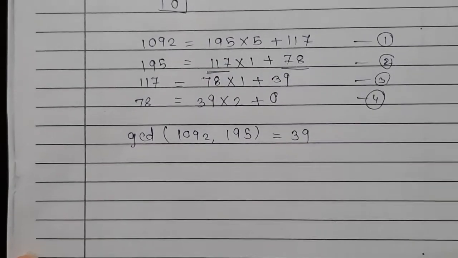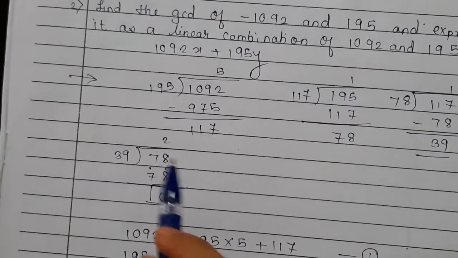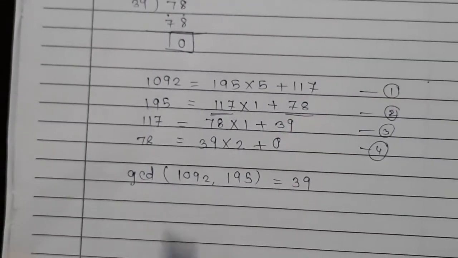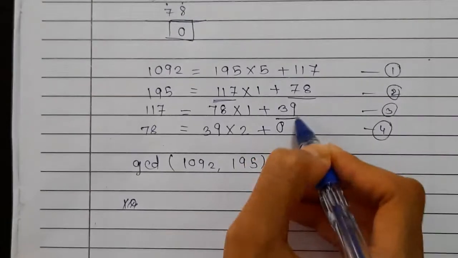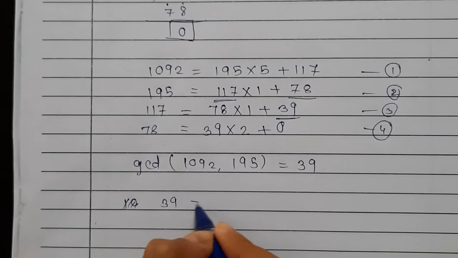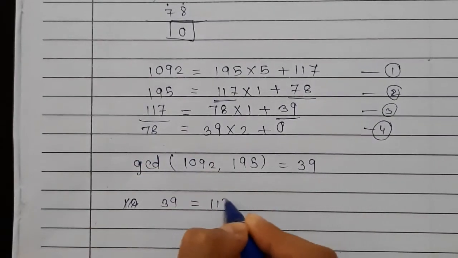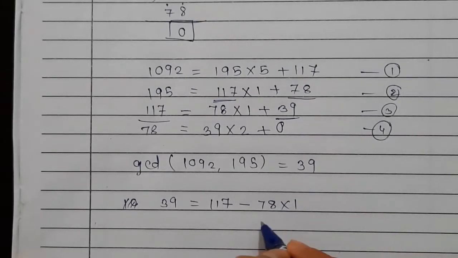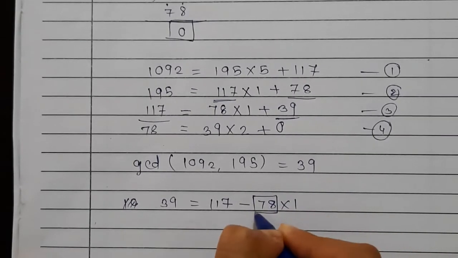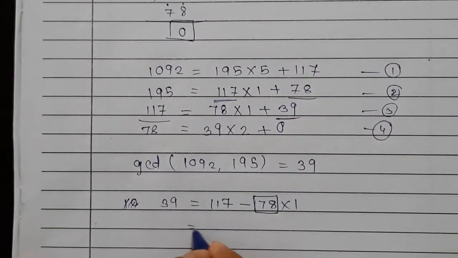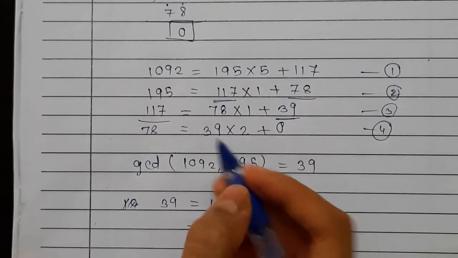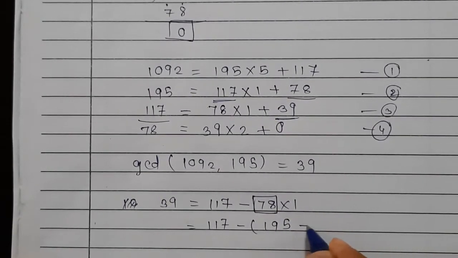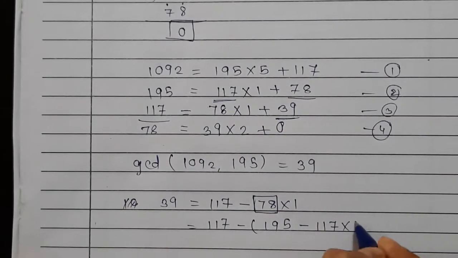Now we have to express this in this form. So we write 39 is equal to 117 minus 78 into 1. Now again we substitute the value of 78. The value of 78 is 195 minus 117 into 1.